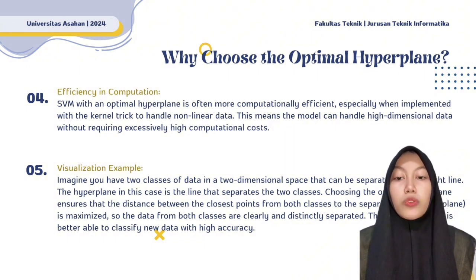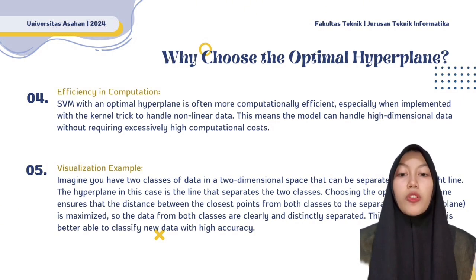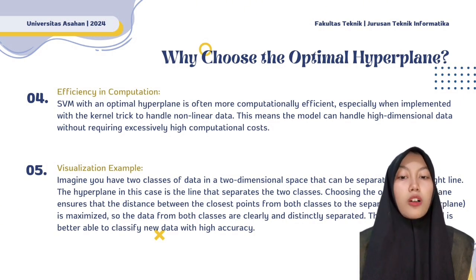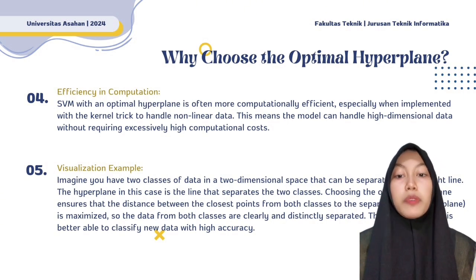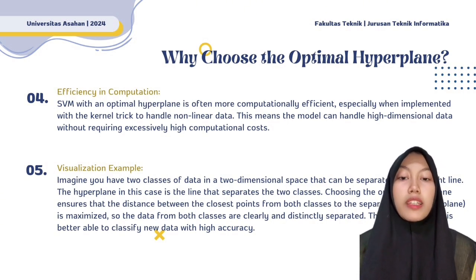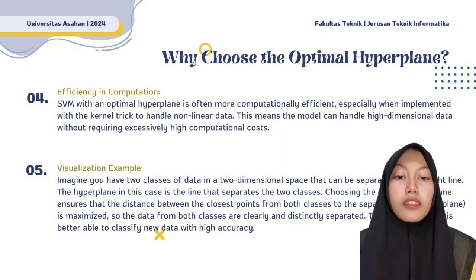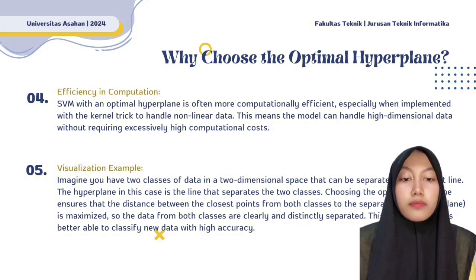5. Visualization example. Imagine you have two classes of data in a two-dimensional space that can be separated by a straight line. The hyperplane in this case is the line that separates the two classes.